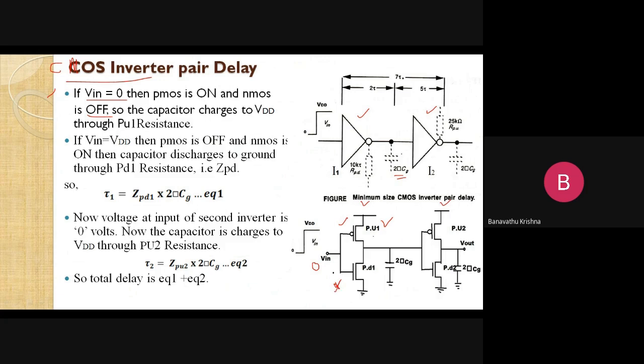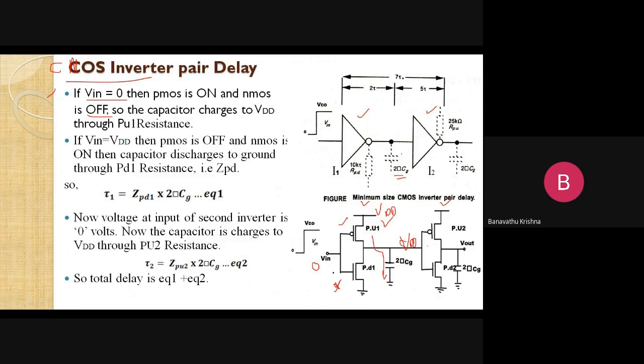So then the capacitor is going to be charged towards VDD through the pull-up transistor 1. Here the capacitor is going to be charged towards VDD through this pull-up transistor 1. So the response here is nothing but VDD.